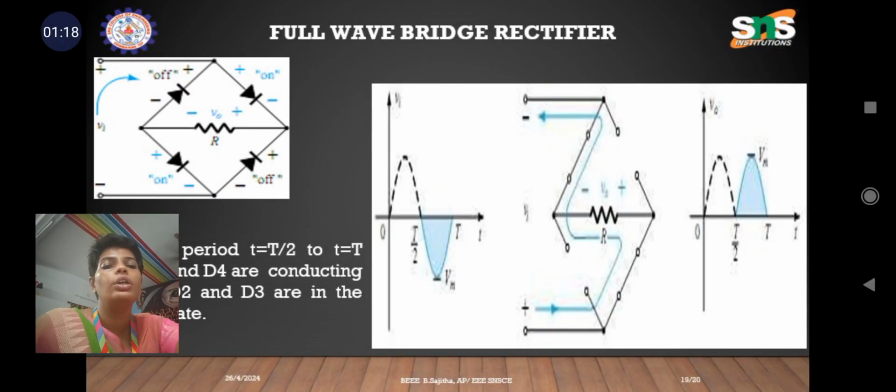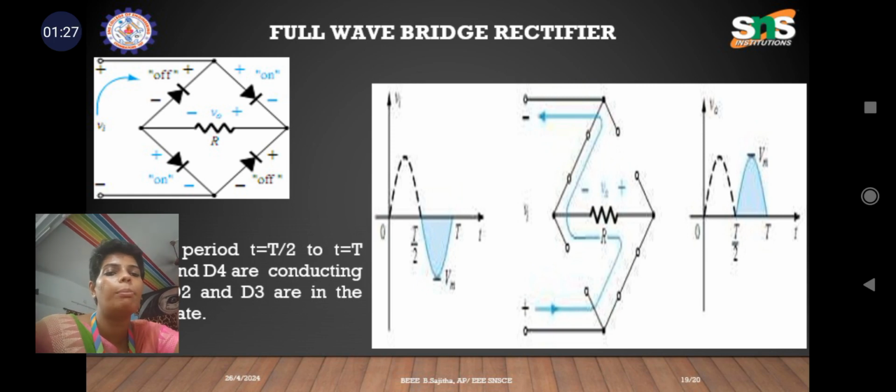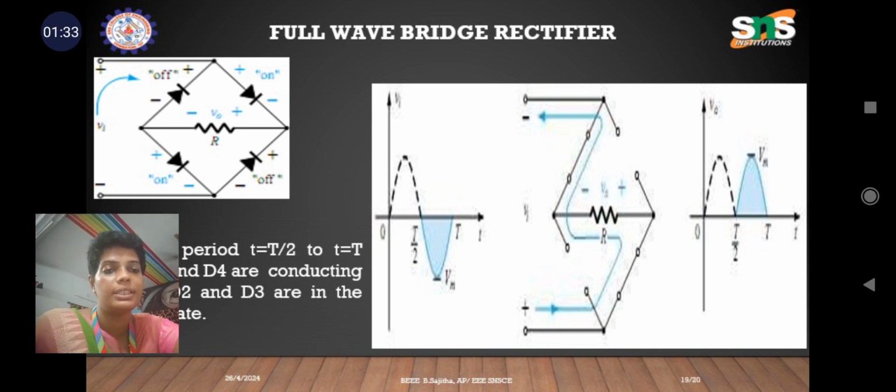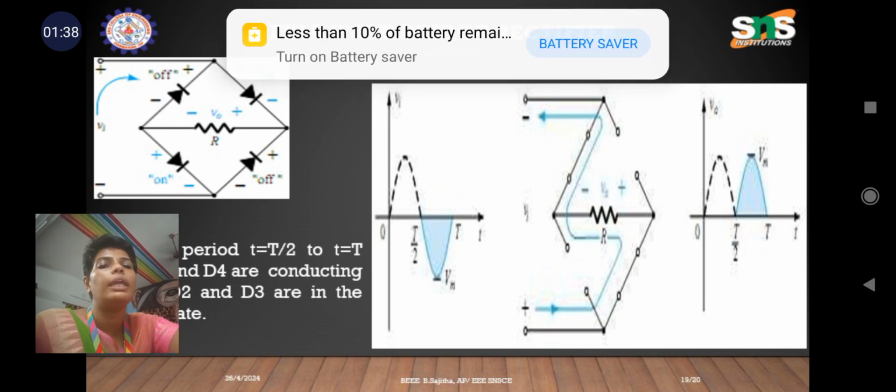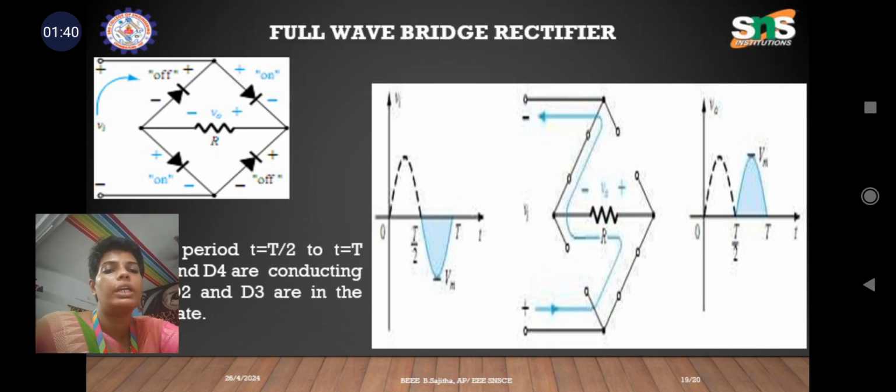During the negative half of the cycle, the two diodes which were conducting in the positive half cycle, D1 and D2, are now in the turn off condition, and the other two diodes, D3 and D4, are in the on condition.